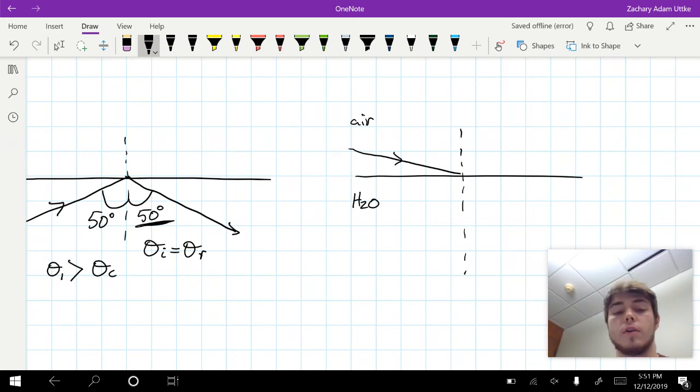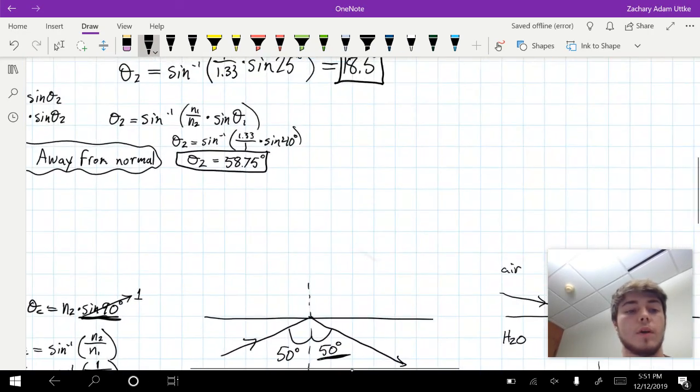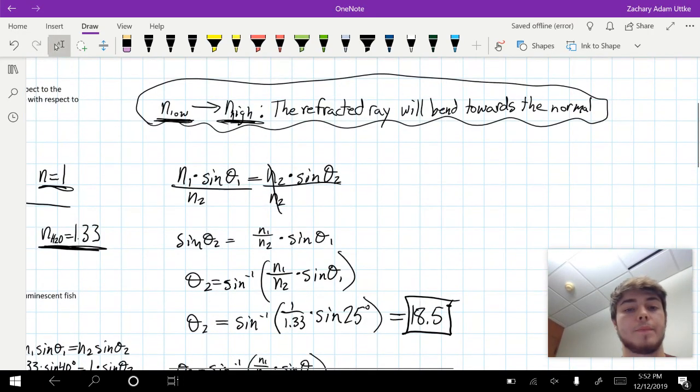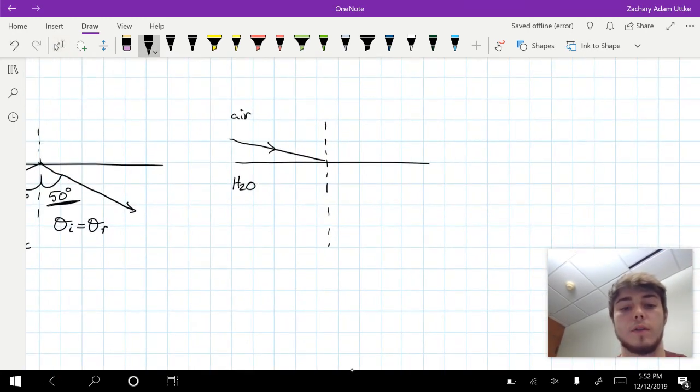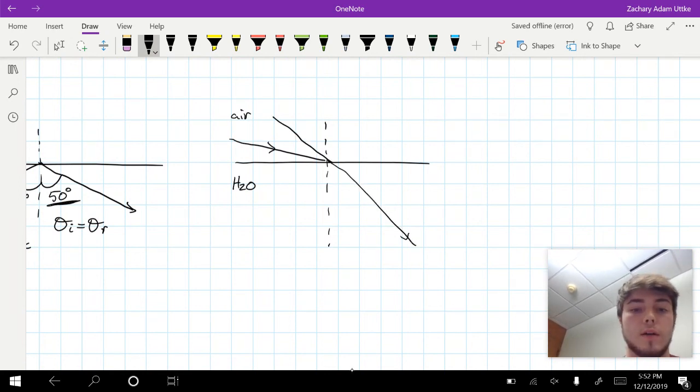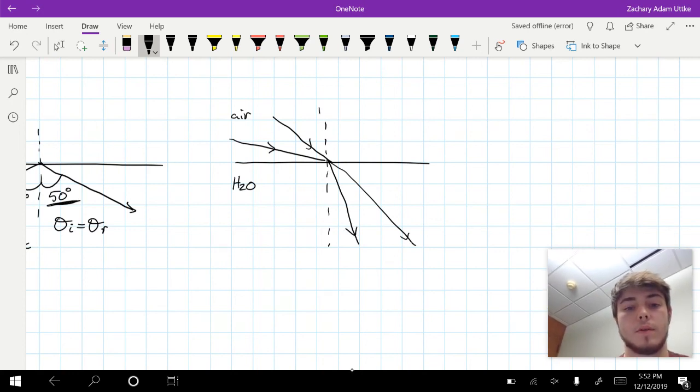And the answer is no, because of our rule up here, that the refracted ray will bend towards the normal. Okay, so no matter what angle you draw this at, it will always be refracted towards the normal.